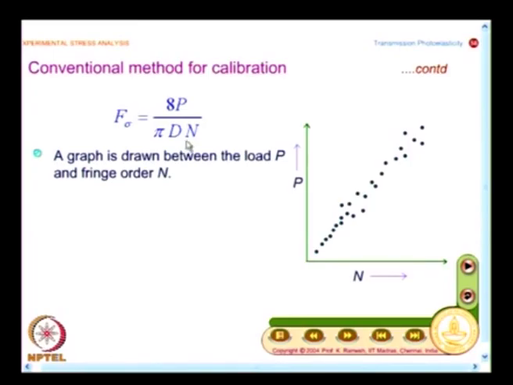You find out the fringe order n, and you know the load that is applied, you know the geometric parameter of the disk. So, I can find out f sigma, and I have always mentioned that as experimentalists you should not be satisfied with just one measurement. You must make as many measurements as possible, so that you are able to bring in some kind of statistical data processing and finally arrive at the value.